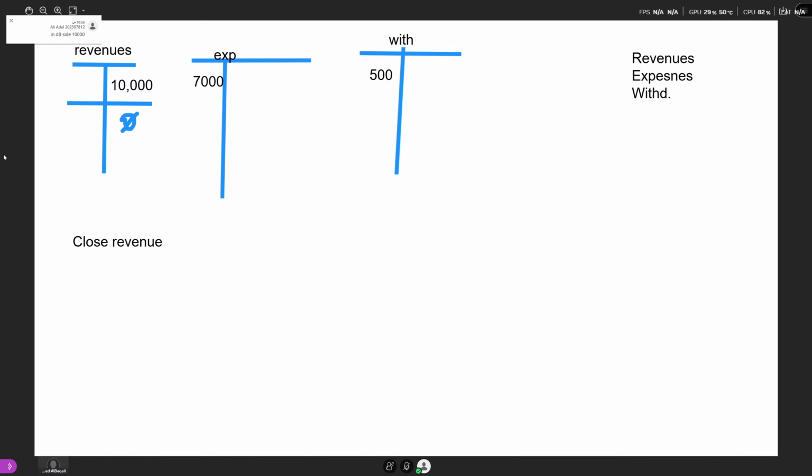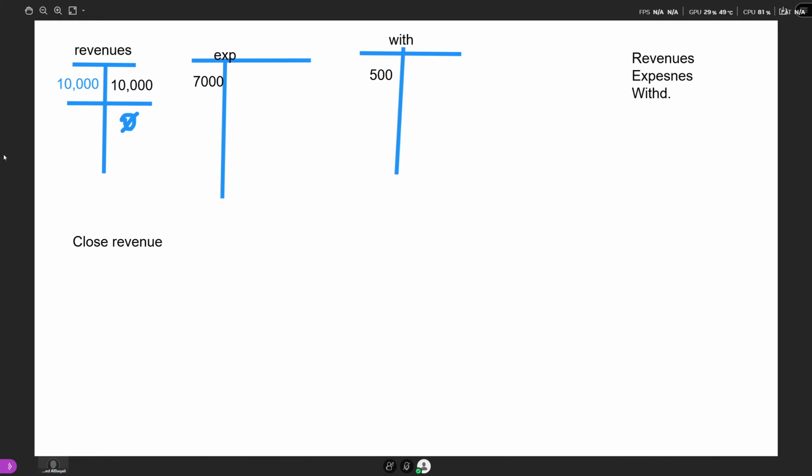Yes, exactly. I need to debit the same amount. I need to debit 10,000. If I debit 10,000, my account balance will become 0. 10,000 minus 10,000 is equal to 0.